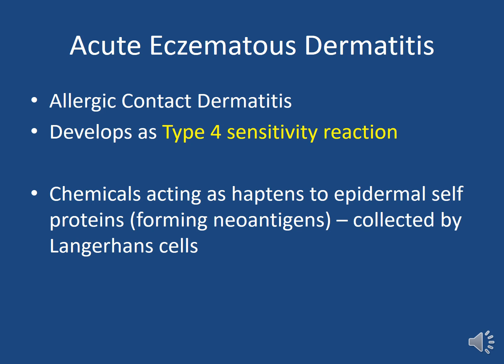So acute eczematous dermatitis will develop by a different mechanism from that of urticaria. Urticaria usually develops secondary to type 1, immediate hypersensitivity reaction. Acute eczematous dermatitis will develop in the form of type 4 hypersensitivity reaction. This hypersensitivity reaction develops secondary to exposure to chemicals.